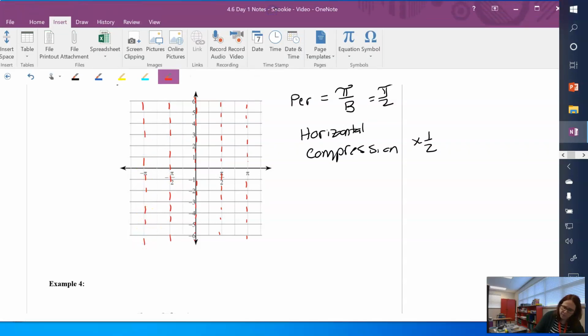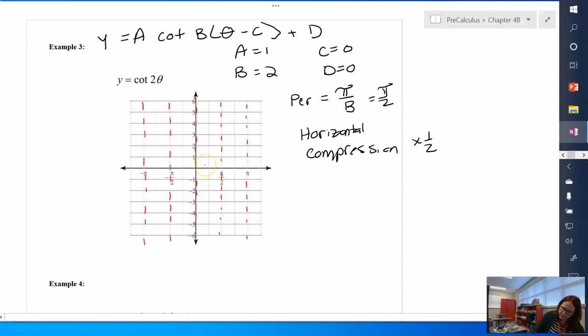Now I'm going to plot my points. I know I have an intercept right there, and halfway I have a 1, and halfway I have that one.